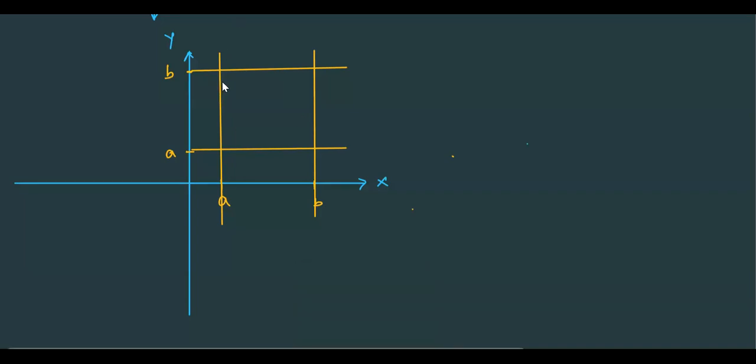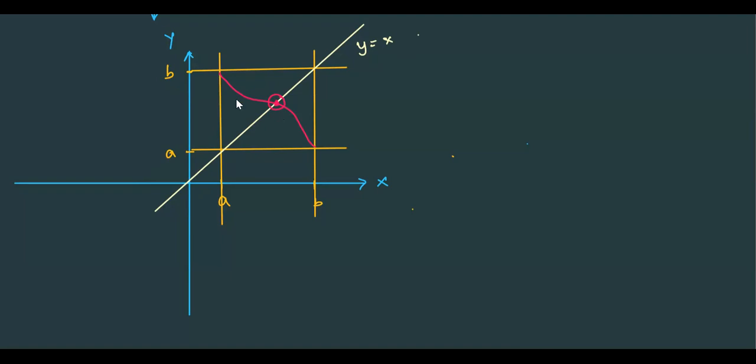Even if it's not onto the entire range, let's say I draw this function, then there will be at least one point. There's the line y equal to x. There will be at least one point where the function cuts this line y equal to x.